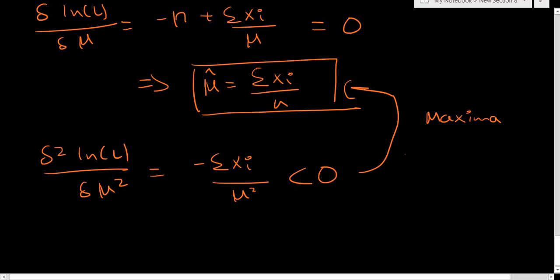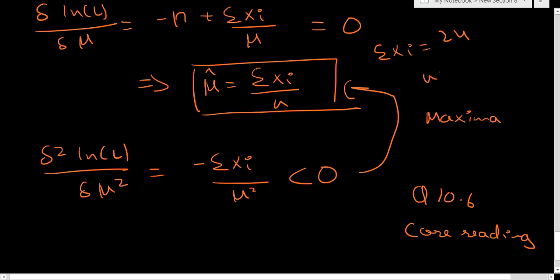And if you need an example for this, there is a question number 10.6 of your core reading, which is an example of this kind of a question. And there the value of sigma xi is given as 24, and n is equal to 10. So your estimate for mu is basically 24 over 10, which is nothing but 2.4.